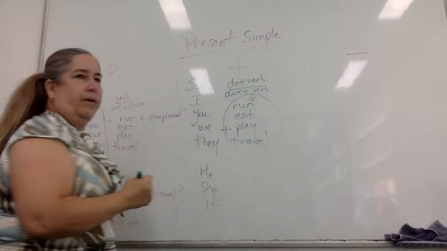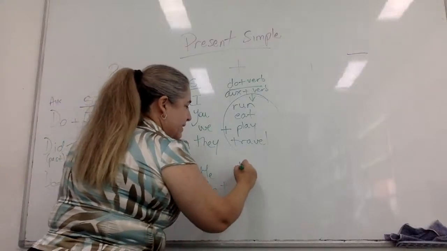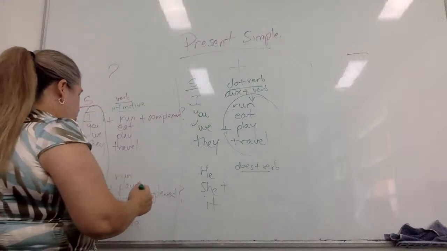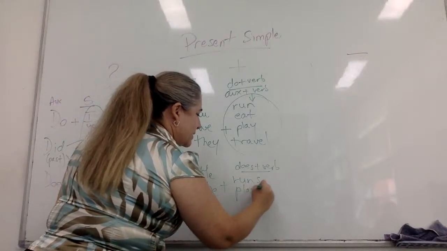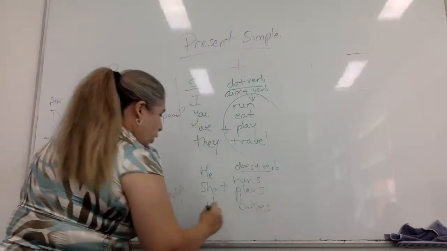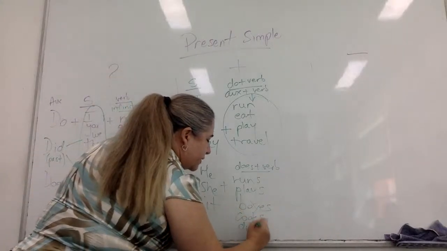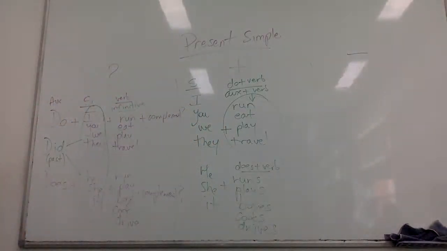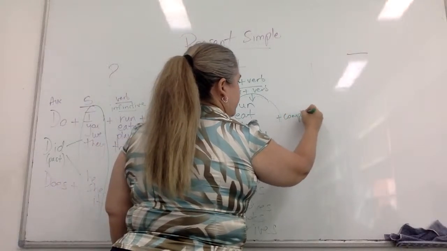Here, if it's he, we're going to do the same. Does plus verb, together, conjugated. So we're going to say runs, plays, boxes, cooks, and we have drives. And then we're going to add our complement again.